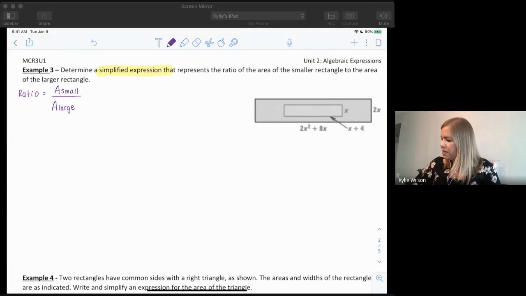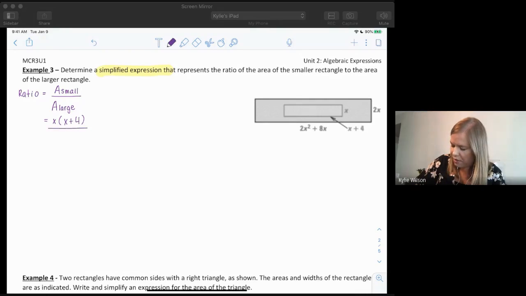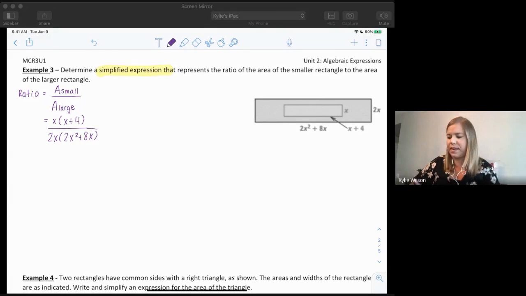Okay, so let's start by finding the area of our small rectangle. It's a rectangle, so it's just length times width. So it's x times x plus 4. And all of that will be divided by the area of the large rectangle, which is 2x times 2x squared plus 8x, like that.